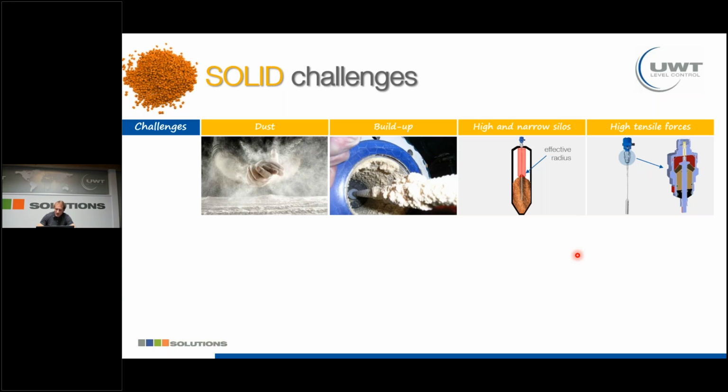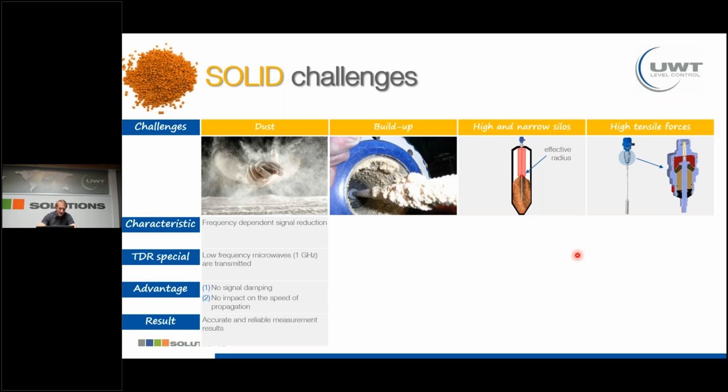So what are the TDR specials? One special is the low frequency of the microwave. Because dust also dampens the signal a little bit, and this dampening depends on the outgoing frequency.